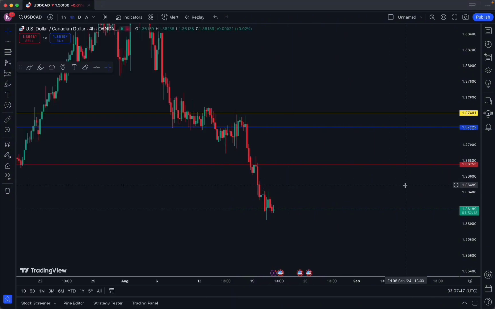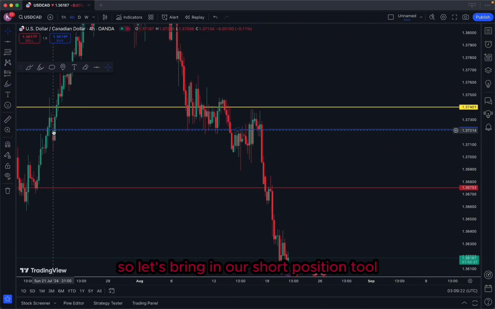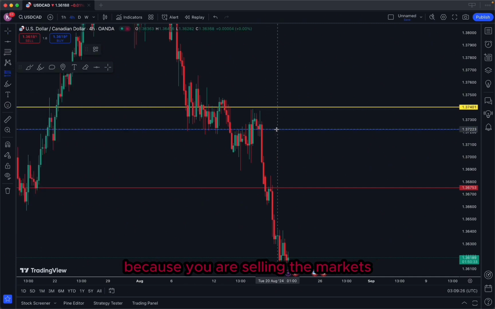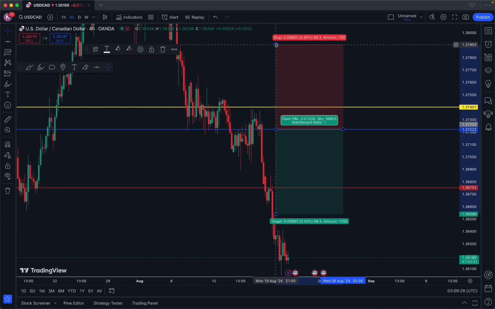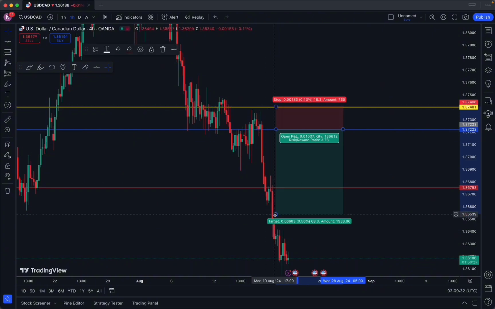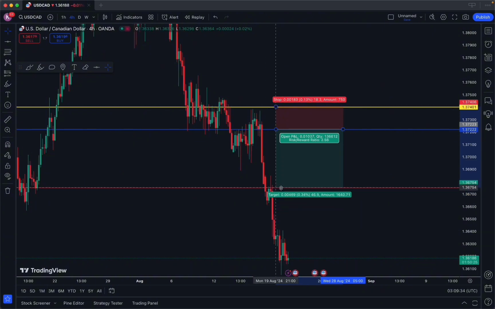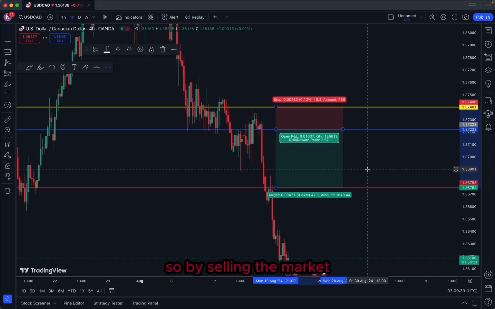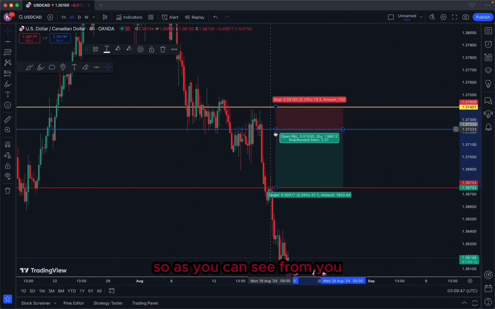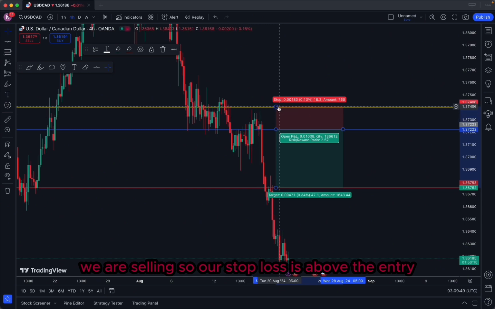Okay, so let's bring in our short position too, because we are selling the market. So here's our entry. The yellow one is our stop loss, then the red one is our take profit. By selling the market, anytime you want to sell the market, your stop loss will be above the entry, and as you can see from here, we are selling, so our stop loss is above the entry.